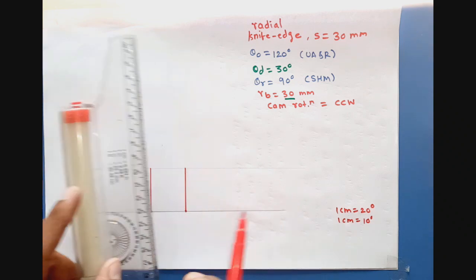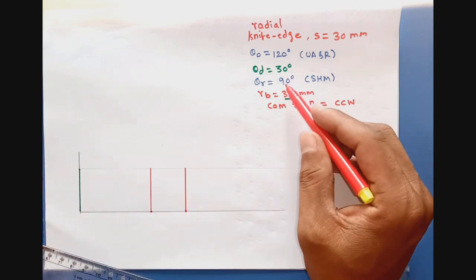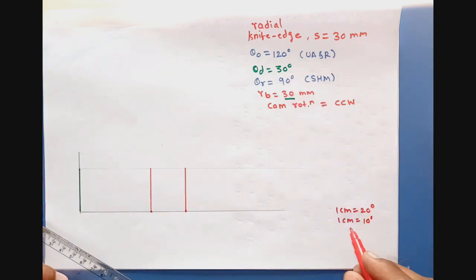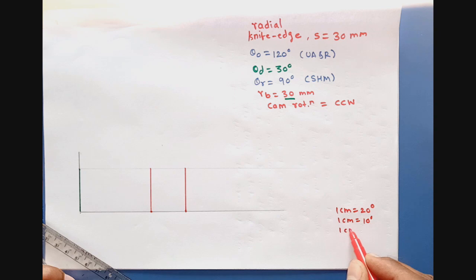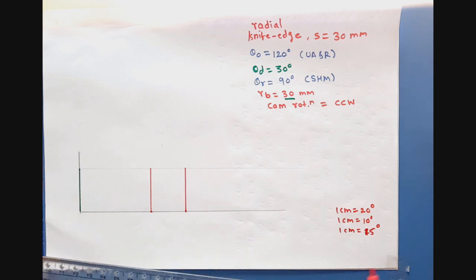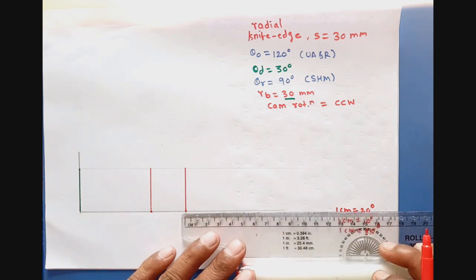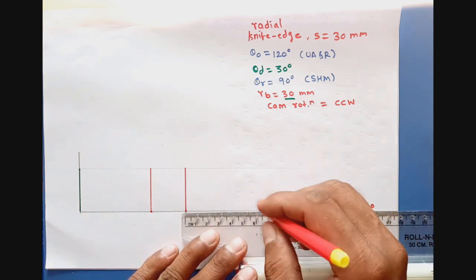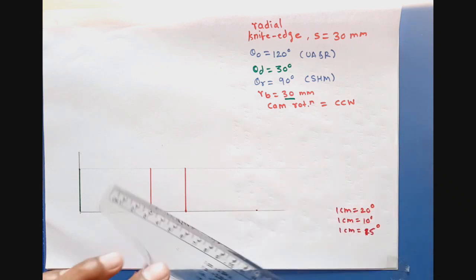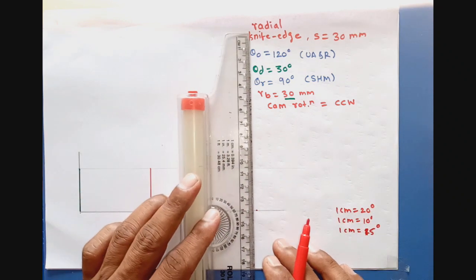of 30 degrees. Next, return stroke is of 90 degrees. So for a return stroke, I will take scale of 1 centimeter equals to 15 degrees. So 6 centimeter will give 90 degrees. So this is my return stroke.